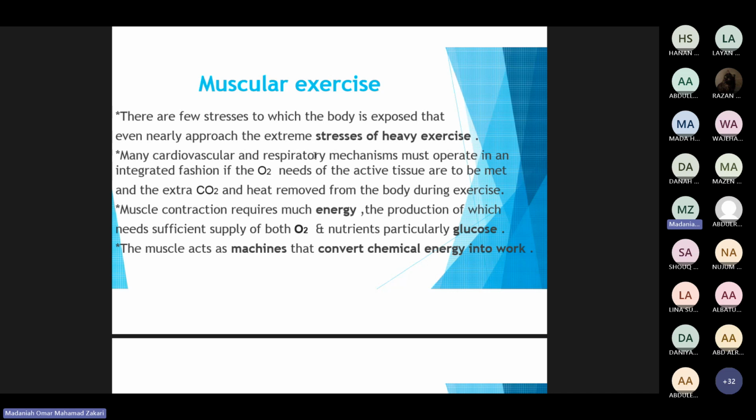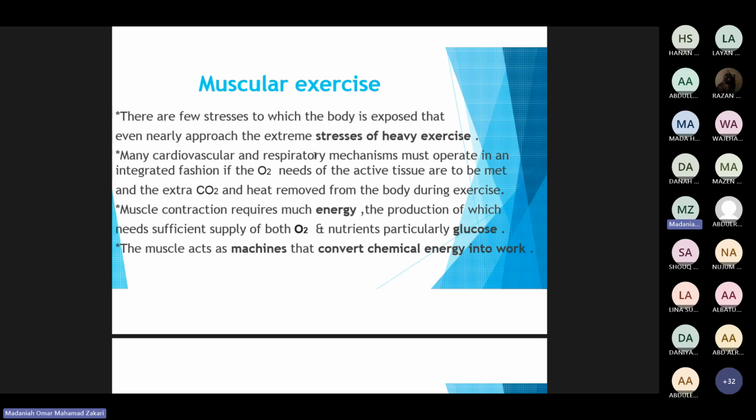Many cardiovascular and respiratory mechanisms must operate in an integrated fashion for oxygen to be given to active tissue. This is important to meet the extra demand of the body and to remove carbon dioxide and heat.